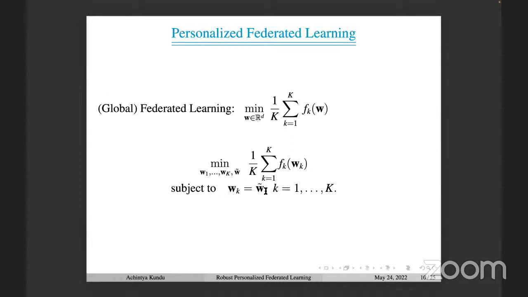That's what we have been doing until now. But from the personalized point of view, what we will look at is relaxing the constraint WK equals W tilde. The client-side local model need not be equal to the global model. So basically, we'll relax that constraint.